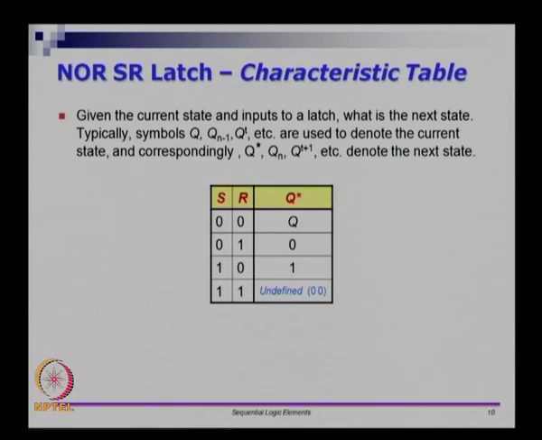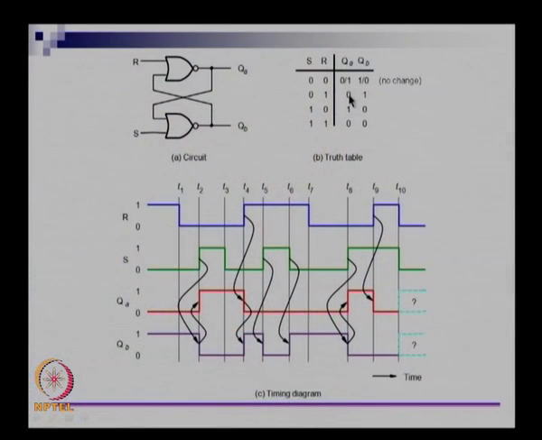The key thing is, if you notice in the previous case, if QA is 0, QB is 1, and if QB is 1, QA is 0. So instead of calling them QA and QB, we could call them Q and Q complement, which is what I did in the previous slide.